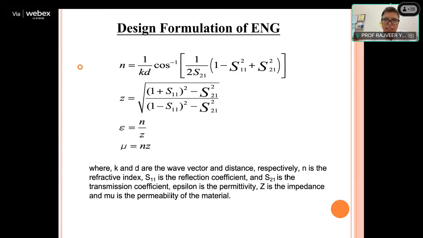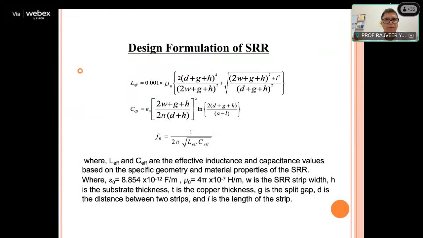So to design ENG properties, we need to play with the structure. Now, SRR is a split ring resonator. We are already familiar with SRR structures, that these structures will possess inductance and capacitance, and based on the gap and the length of the split ring resonator, the resonant frequency, or at what frequency it will resonate, is decided with this formulation.